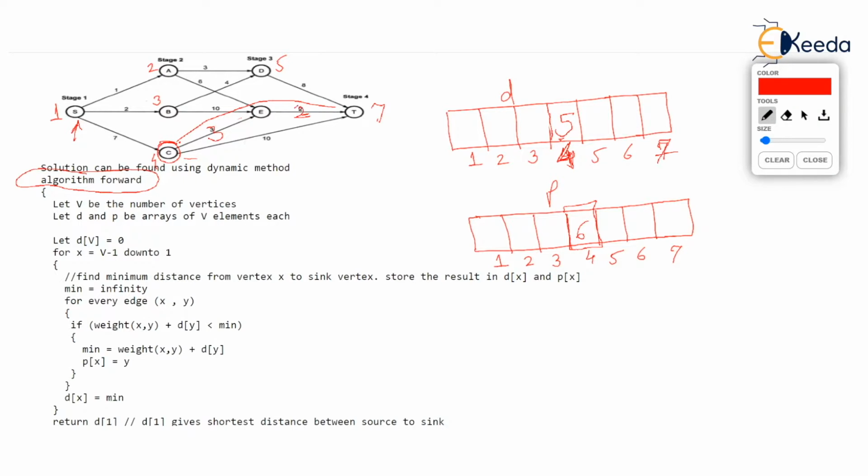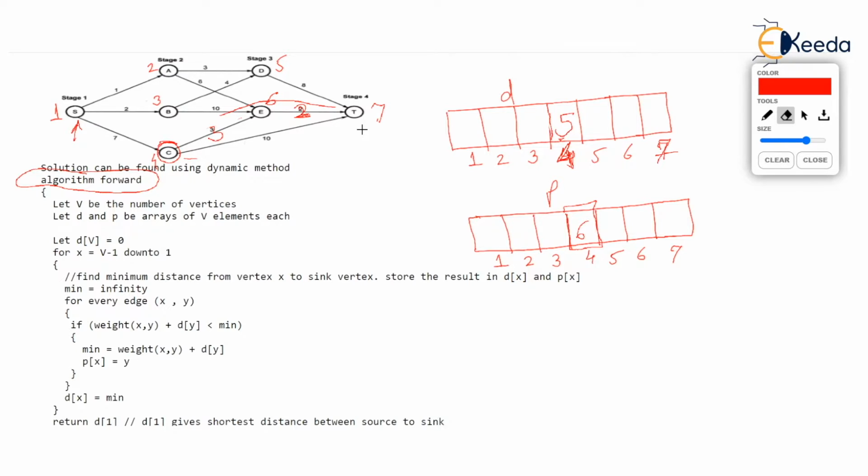You got that by using vertex number 6 as the intermediate vertex, isn't it? So if you want that minimum distance of 5 from 4 to 7, you will have to take the help of vertex number 6. That's why P4 has been initialized as 6 here. I hope you understood. Let's take one more example.